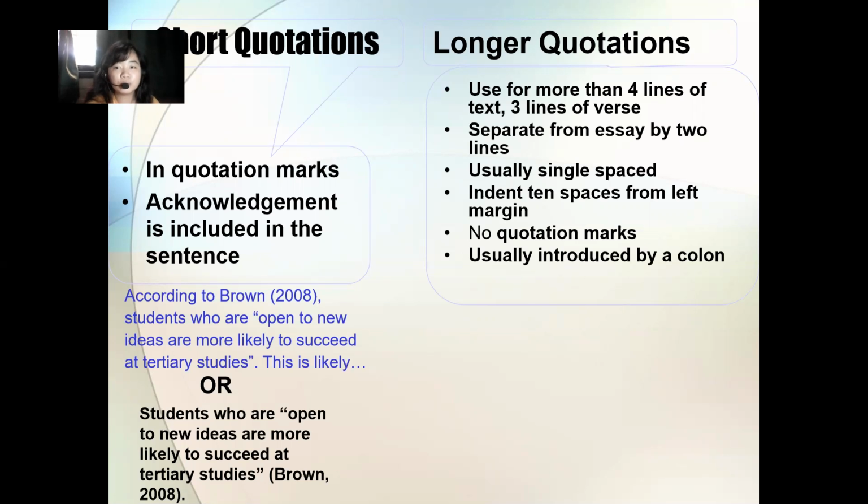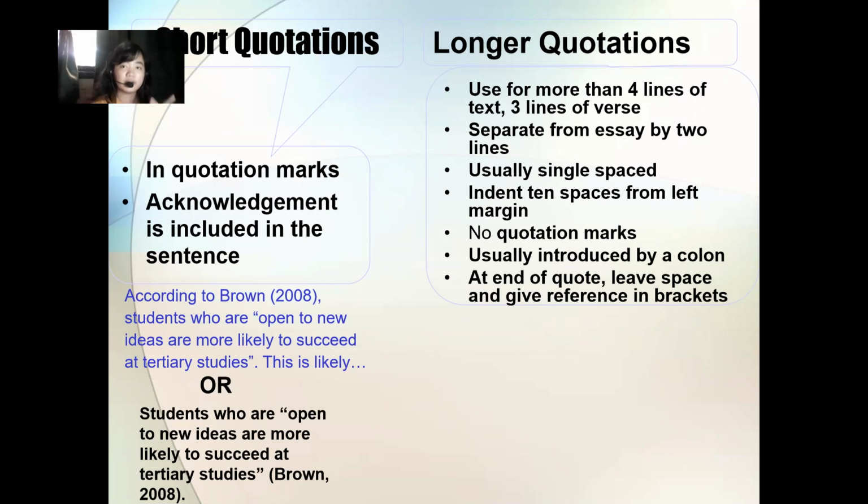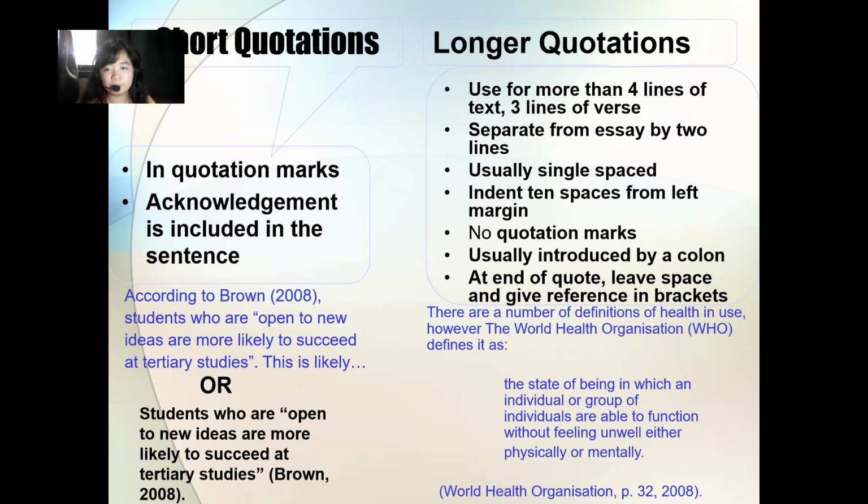So, it will be introduced by a colon at the end of a quote, leave space, and give reference in brackets. I'll give you an example of longer quotations. First, what was said by the World Health Organization. This one is not your original idea.